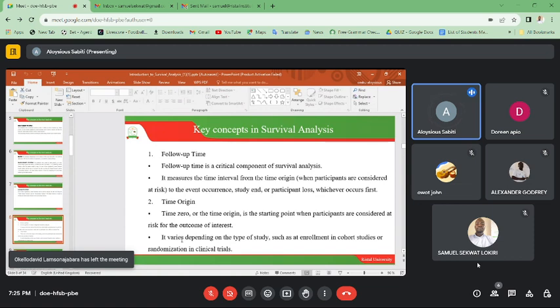So for example, in our life table, we expect that if an individual clocks the age of 65 in Uganda, the life table indicates that for a female at 65 and a male at 63, the average life that an individual is left with is about 25 to 30 years.